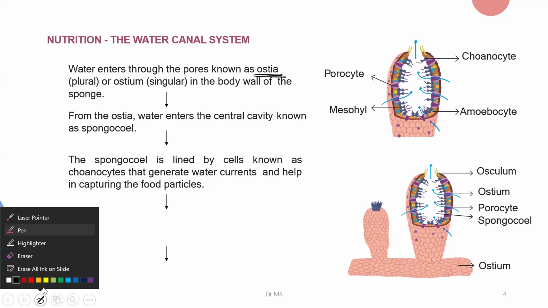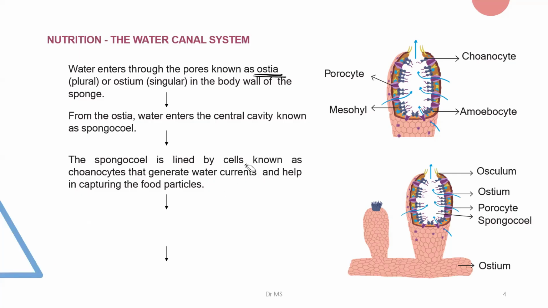The spongocoel is lined by cells known as the choanocytes. What do these choanocytes do? They produce water currents, which helps in capturing the food particles. The food particles enter with the water through the ostia.